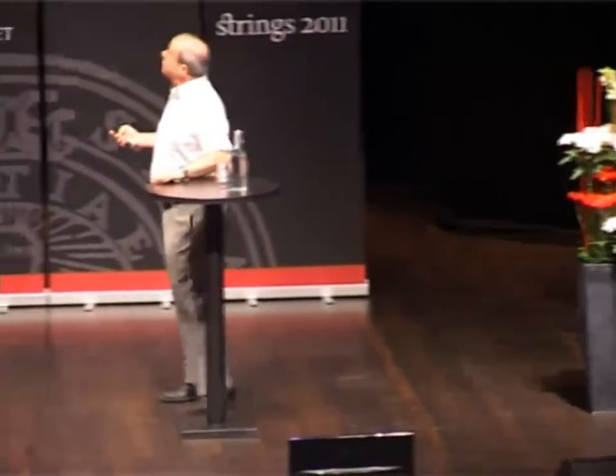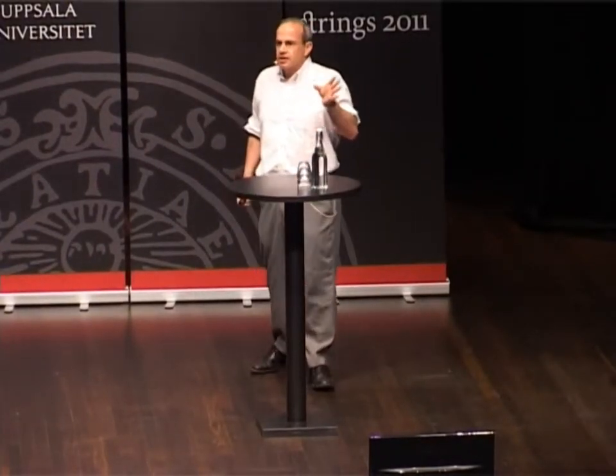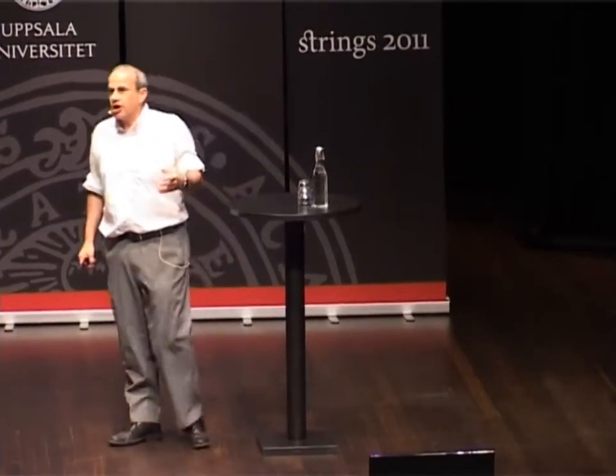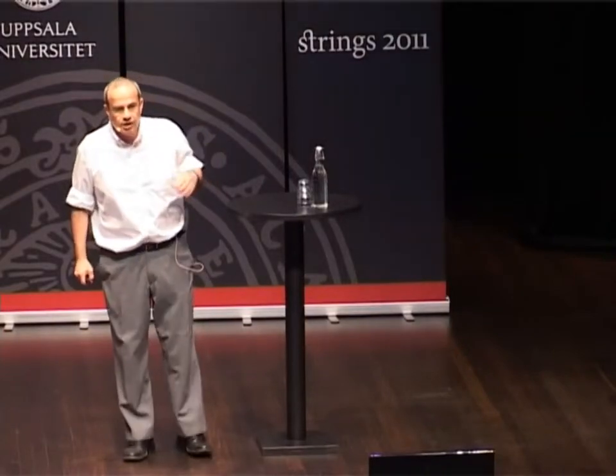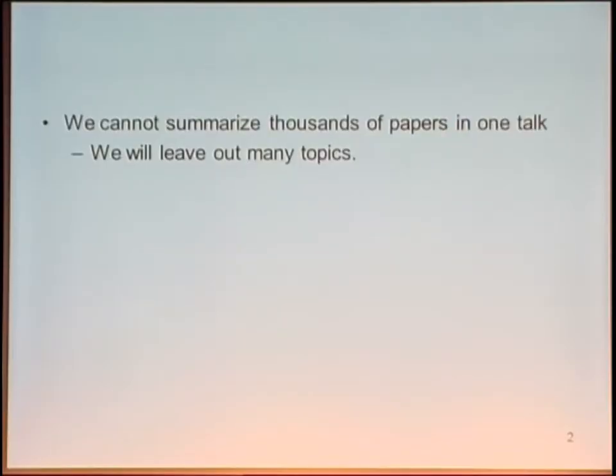So I will not cover everything, and I leave out some topics. But I want to make sure that I'm not overlapping too much with other speakers here. If there are some topics along the main line of my talk which are discussed also by others, I'll just skip that and give a reference to the other speakers. So that was another criterion in the choice.